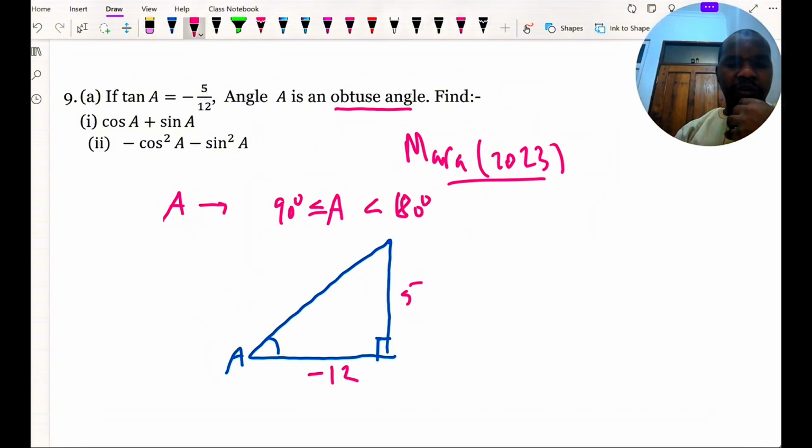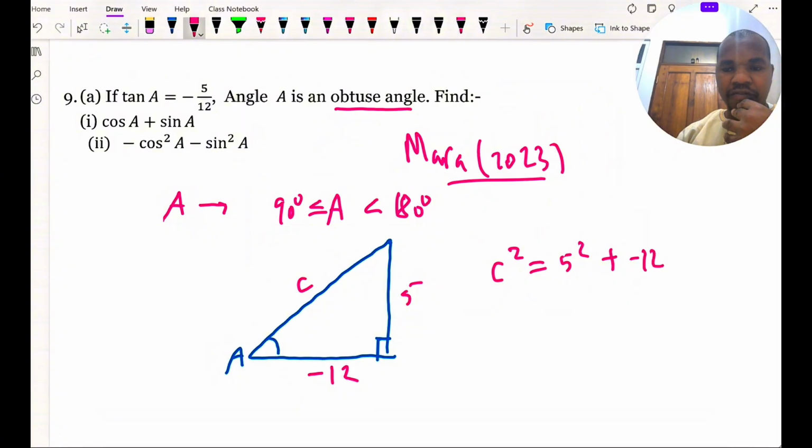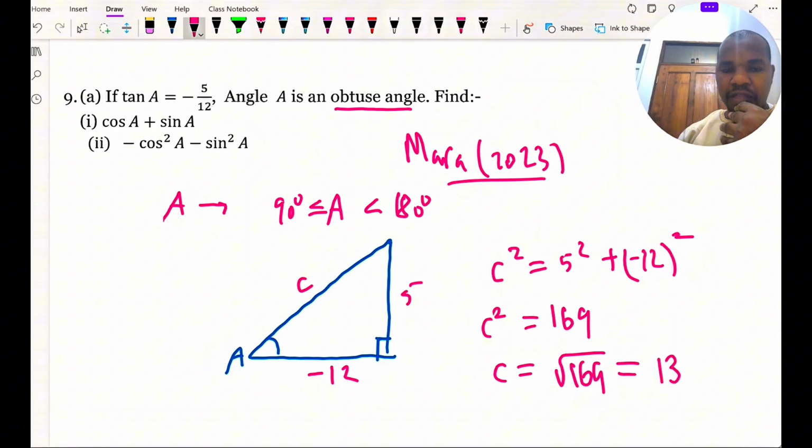By using Pythagoras theorem, you're going to find the hypotenuse side, which is c square equals 5 square plus -12 square. And so c square will be 169. C will be square root of 169 equals 13 units.